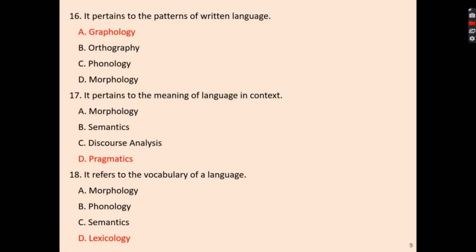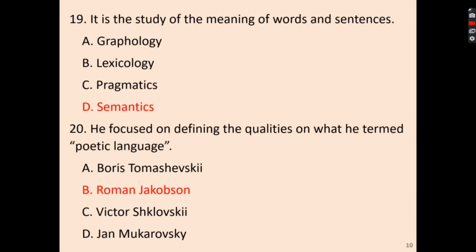The vocabulary of a language, that is lexicology. When we say vocabulary, we would always look into lexicon, and the study of that we call lexicology. And it is the study of the meaning of words and sentences. So that is semantics. But if we are going to look into the meaning in context, that is pragmatics. But meaning of words and sentences, semantics.